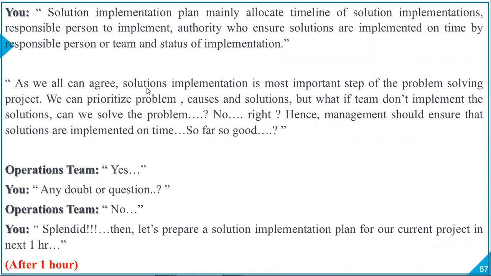As we all can agree, solution implementation is the most important step of a problem solving project. We can prioritize problems, causes, and solutions, but what if the team doesn't implement the solutions on time? Can we solve the problem? No, right? Hence, management should ensure that solutions are implemented on time.